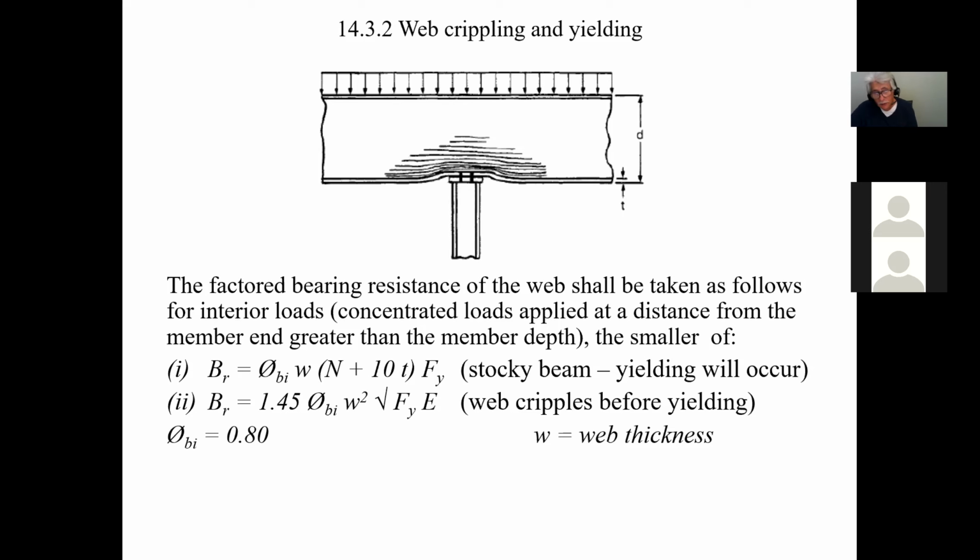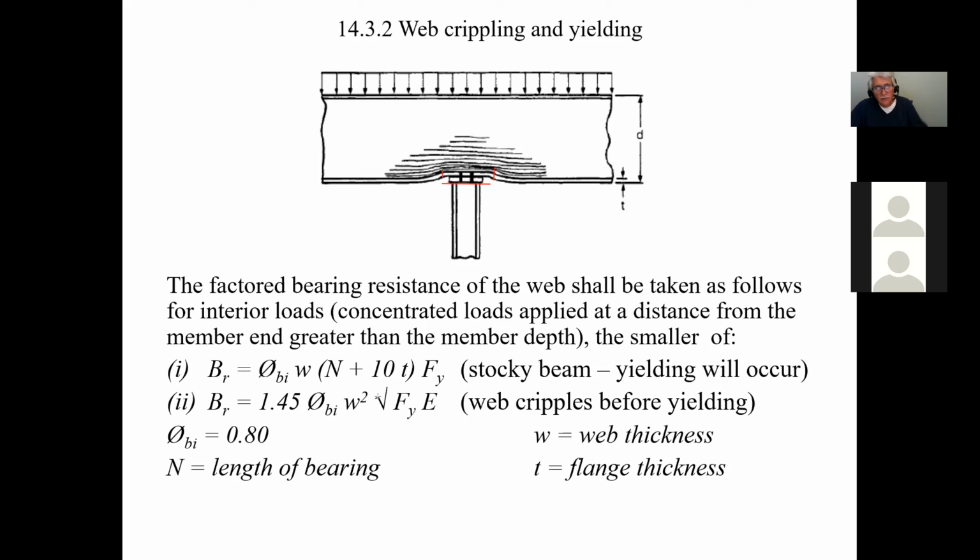W is the web thickness, N is the length of bearing, so the length of bearing goes from there to there. That is your N value. Now, people say, well, what's the N value going to be? Well, we will calculate the N value from what we're doing. So N is the length of bearing.